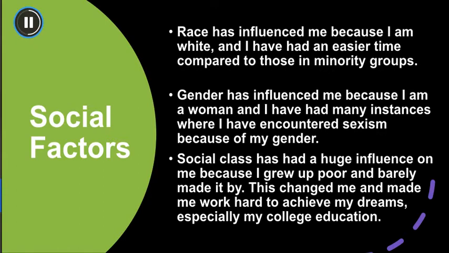It has taught me to overcome what society says about my gender, and it has made me stronger. In addition, social class has had a huge influence on me because I grew up poor and barely made it by. This changed me and made me work hard to achieve my dreams, especially my college education. My social factors do not drag me down, but rather make me a stronger person and define who I am as a person.